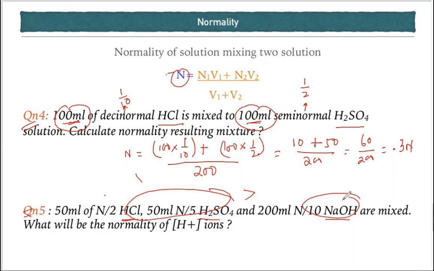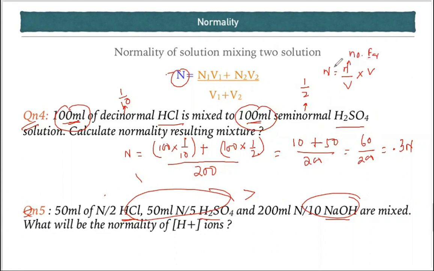If the number of equivalents of base is more than that of acid, then subtract base minus acid. What I am talking about, see, N1 and V1. What is the meaning of N1 and V1? N1 is normality, that is number of equivalents by volume. If you multiply it with the volume, what will be left? This is the number of equivalents.